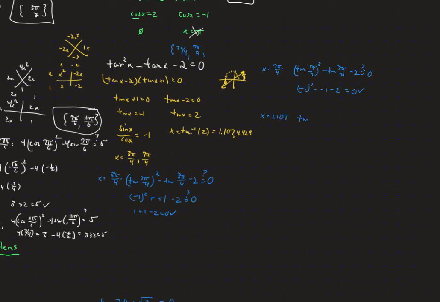So we're going to take the tangent of 1.107, square that, minus the tangent of 1.107 minus 2, and wonder, is that going to be 0? So I'm going to go to the tangent, and then I'm going to go up arrow to that 1.107148 and so on.